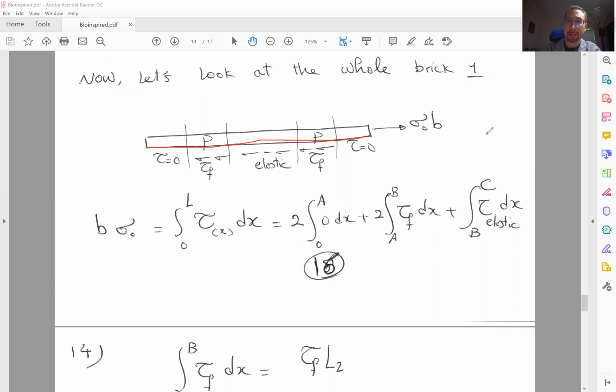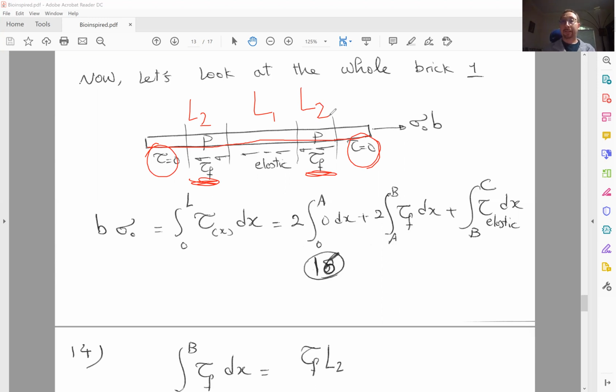We have the region where the tablet has failed, like here and here. We have a region that has deformed plastically, so shear stress is constant in those regions. We said the length of this region is L2 and the length of this region is L1. And because of symmetry, this is also L2.